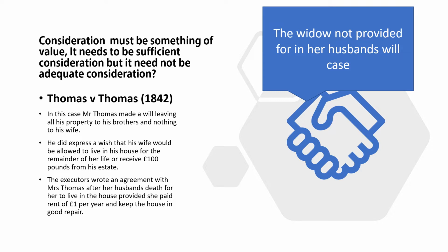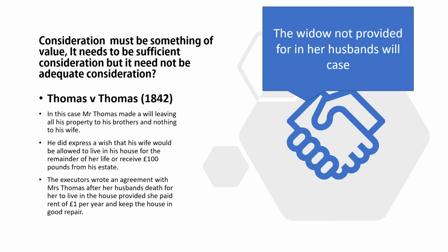Now, the problem was the brothers, or one of the brothers, wasn't happy with that. He wanted to take possession of the house, take it off her. But he couldn't because of this agreement between the executors and Mrs. Thomas.